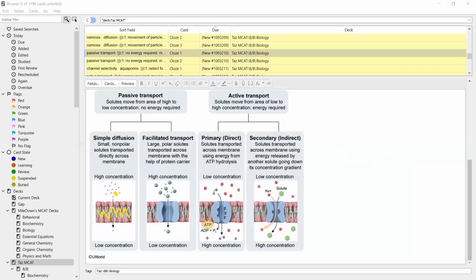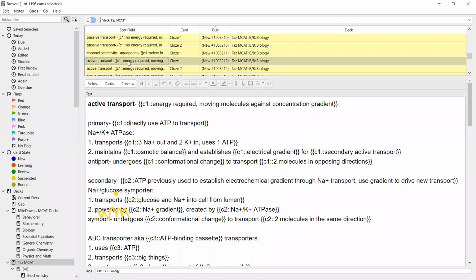So this is a form of active transport because we're using ATP, and it's direct or primary active transport because we used it for the express purpose of moving something against its concentration. Now, there's another form called secondary active transport.